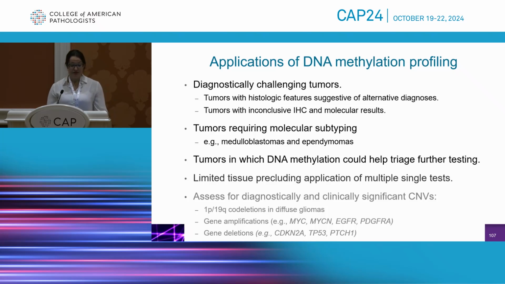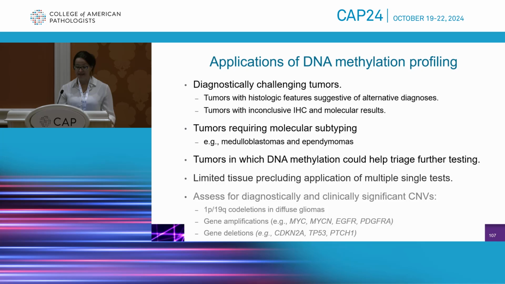So DNA methylation profiling has many applications and has demonstrated great utility and impact on diagnosis, and it allows for more accurate classification of those tumors that are diagnostically challenging and cannot be resolved by histology alone. It can refine tumor subtyping and can provide some meaningful prognostic stratification for tumors that cannot be characterized at a higher level of granularity by other molecular methods, such as medulloblastoma and ependymomas.